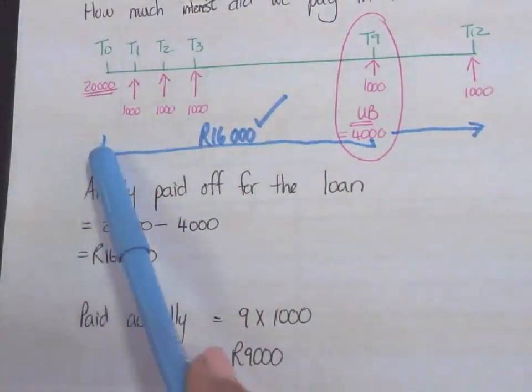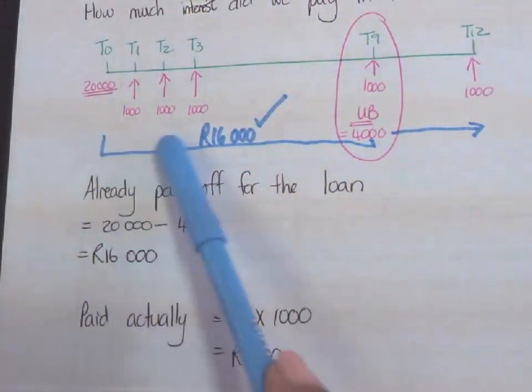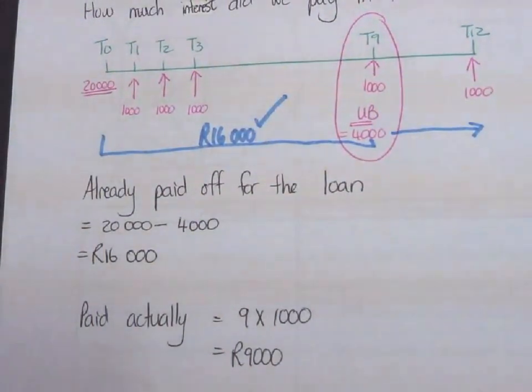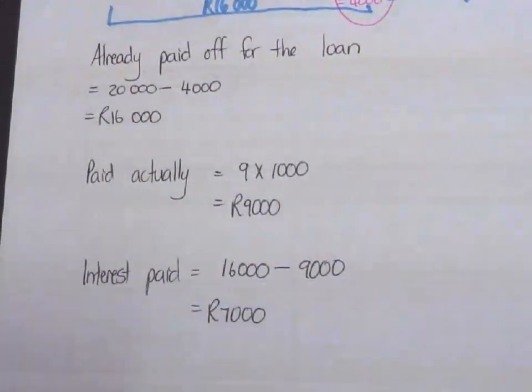But 16,000 of the loan was paid off. So the interest that you actually paid was 7,000. Wait, isn't interest a percentage? They don't want the rate. They want the amount. I'm just going to ask the question again.